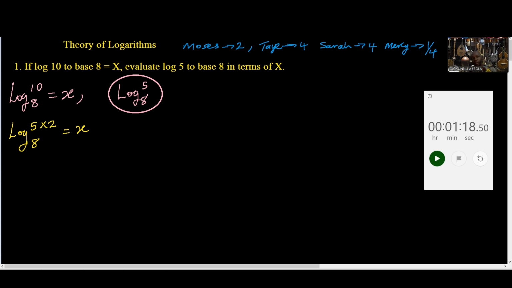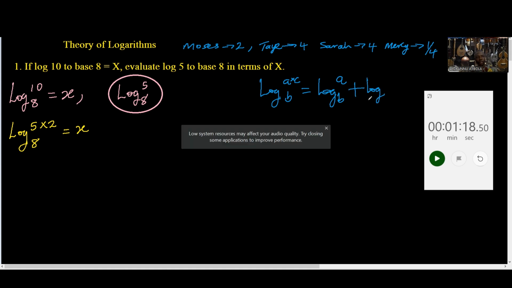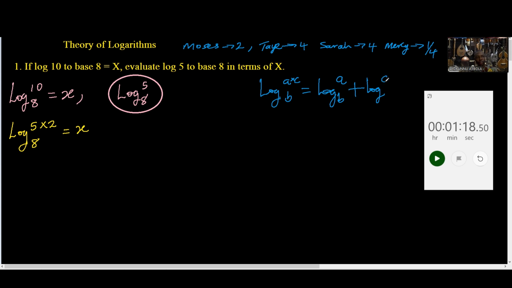Now, there is this law of logarithm that states that log of a base b times, when you're multiplying two terms, because it is times between them, you can separate them and say log of the first one, the same base, plus log of the second one, the same base. When I'm through, you will do all the talking.